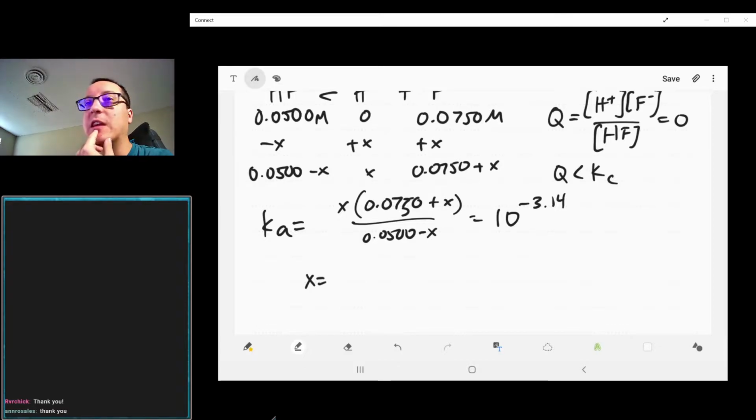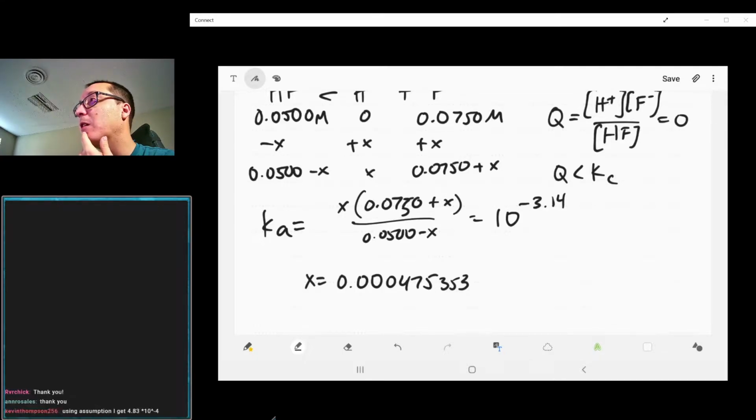Hopefully I've typed everything in properly. Okay, we get a value here. X is 0.000475353. We also had a negative value in there that would not make sense because it's bigger than the other one. Okay, so with the assumption, it's pretty close either way.